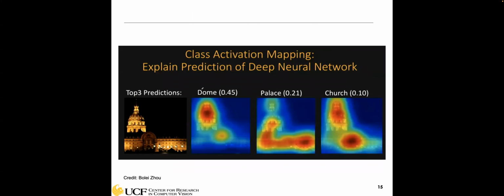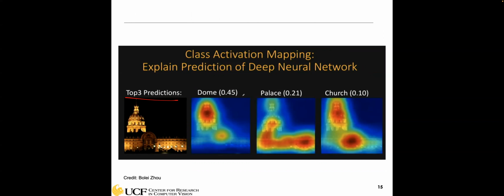So here is an example, right? For this particular input image, the top three predictions are dome, palace, and church. You can see they sum up to about 0.75 probability.